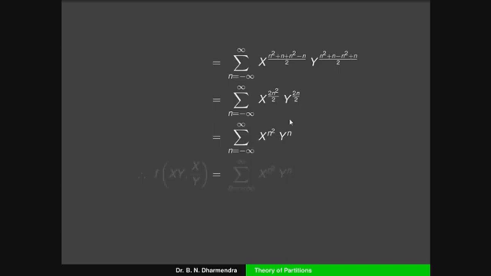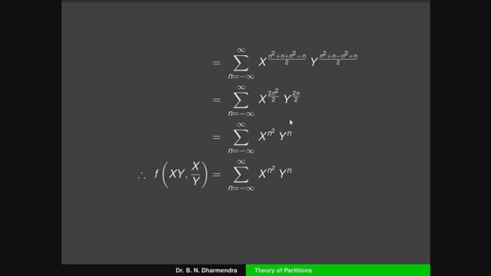So therefore, hence the theta function f of x into y comma x by y is equal to summation n running from minus infinity to plus infinity, x to the power of n square into y to the power of n. So therefore, the theta function can be written as, instead of f of a comma b, here we have to choose the terms of f of x into y comma x by y is equal to summation n running from minus infinity to plus infinity, x to the power of n square into y to the power of n.